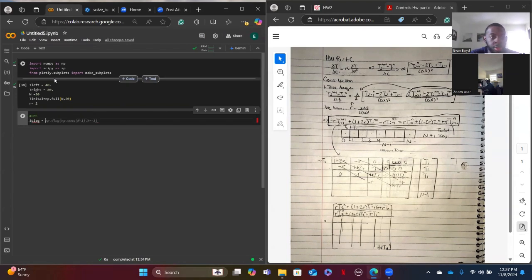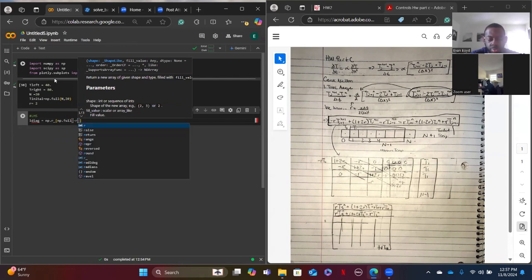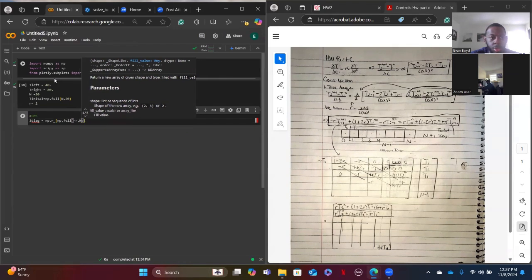Okay. So this would be NP dot R. We need to put these in rows. And the first one will be NP dot R of NP dot full, and then first negative R of M minus 1, N minus 1.